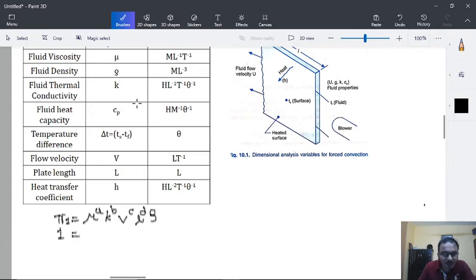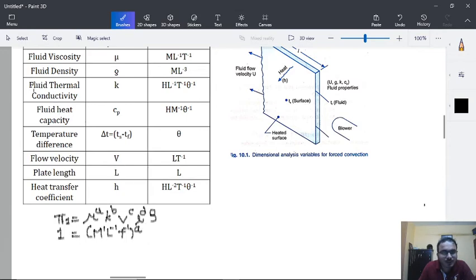Then for mu, as it is written over here also, it is M1 L minus 1 T minus 1 to the power a.